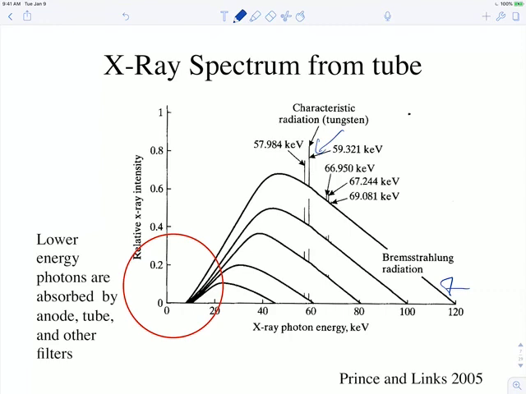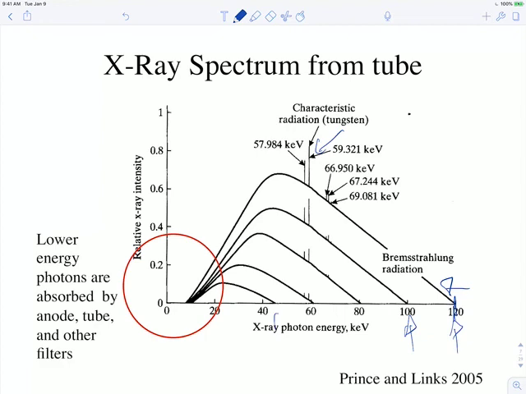Each of these curves corresponds to a different voltage I'm applying. As I crank up the voltage, I get different curves. The endpoint tells you what voltage was applied. In this case, I applied 120 kilovolts of energy. Here I only applied maybe 45. So that's one dial you can play with.